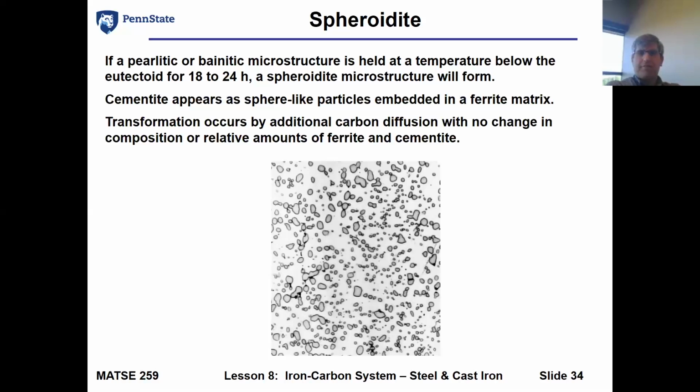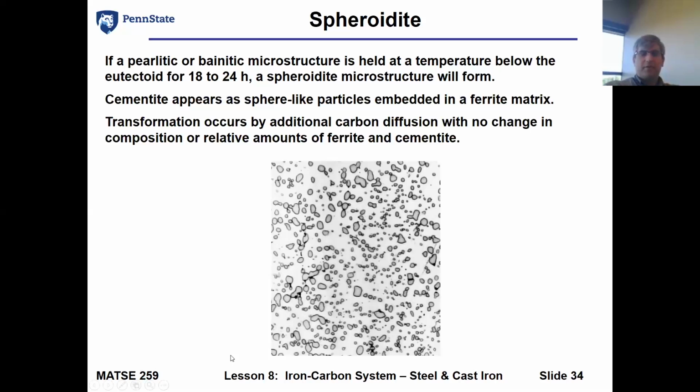But the other driving force that's really going to take hold is the surface energy driving force. What that's going to do is convert all of those lamellar perlite structures into spheres. We know from our previous discussions that is how you minimize surface energy, through a spherical shape.